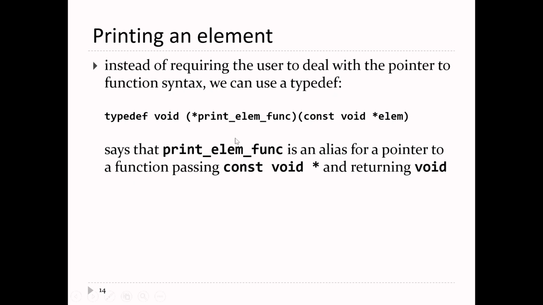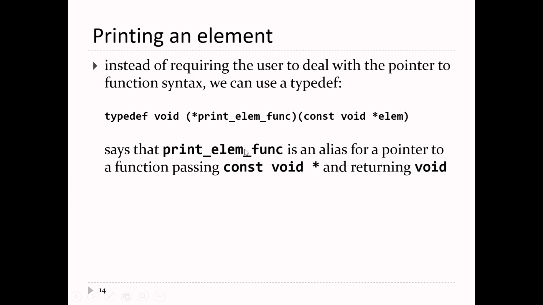Now when you define the typedef, the syntax is also strange. The name of your type becomes whatever's in here. So the type print_elem_func is a pointer to a function that returns void and takes in a pointer to void that points at a constant value.